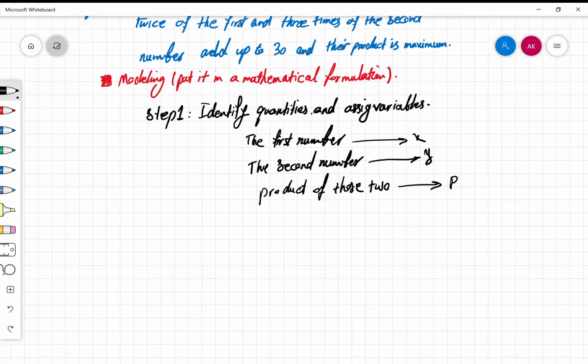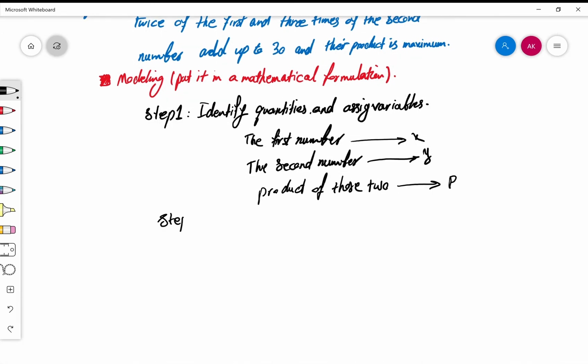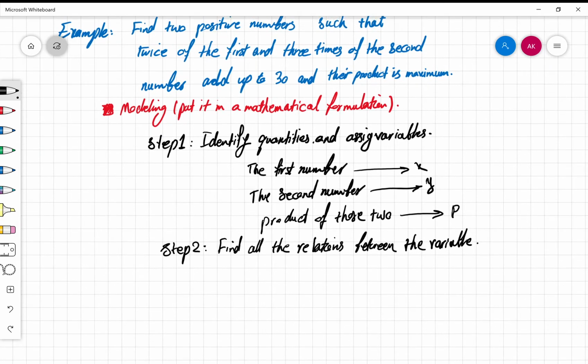Okay, that's step one. We do it because we want to write the relations, so step two is to find all the relations between the variables. When we say relation, it means that for any property given, you have to write down one equation.